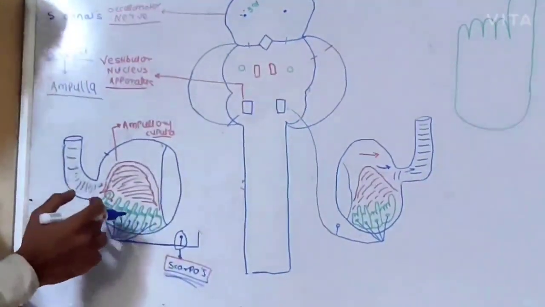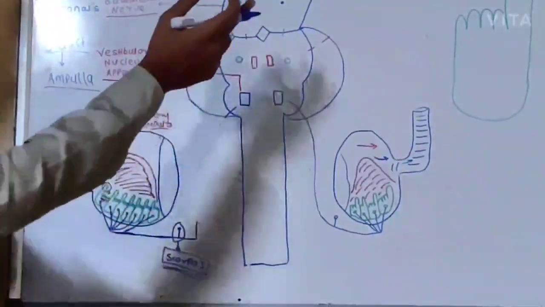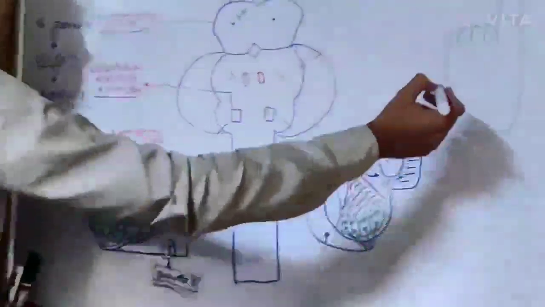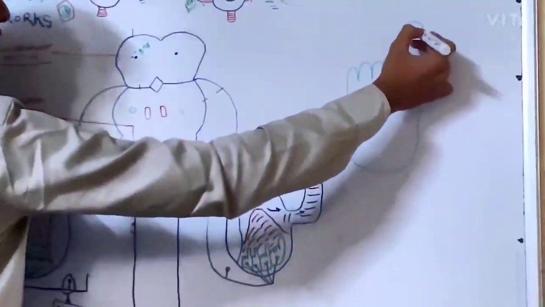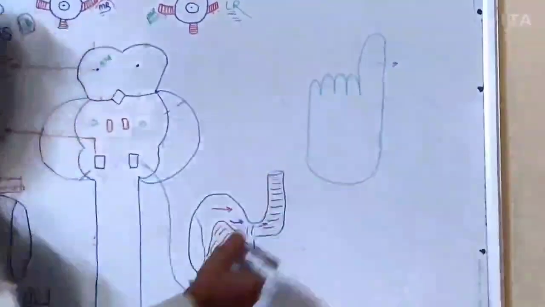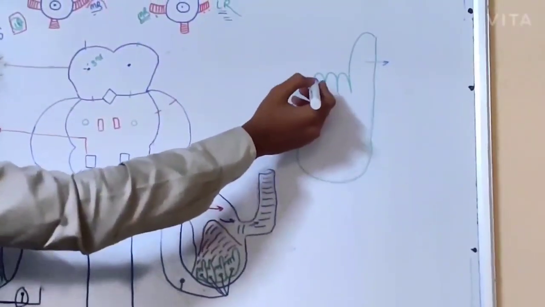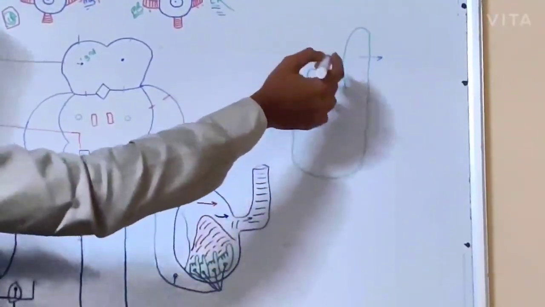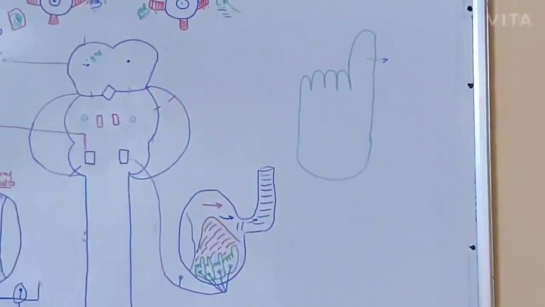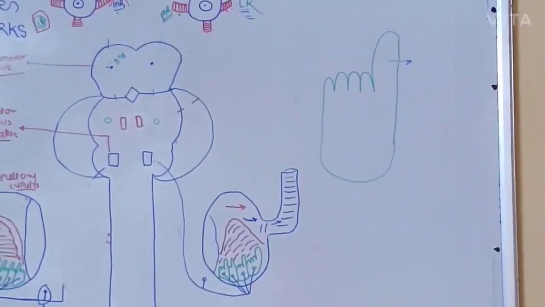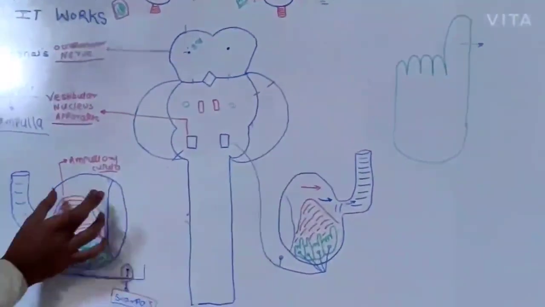Hair cells basically consist of one large kinocilium and many small stereocilia. So we have come to know about this.